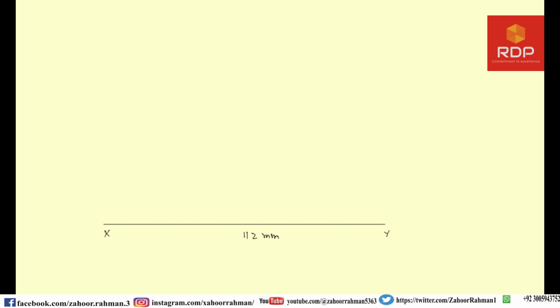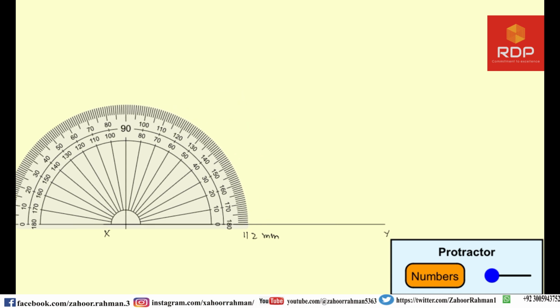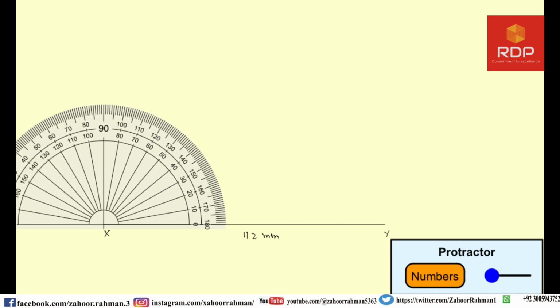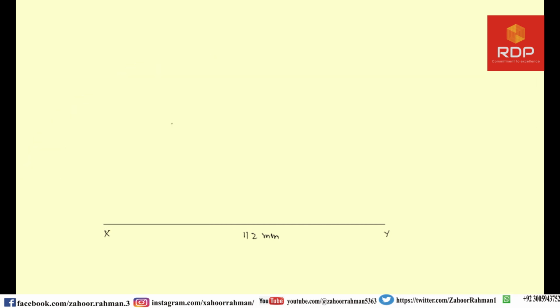Now I have to make an angle of 56 here. So 56 will be somewhere here. My job is to connect this line and label it with the 56 degree.